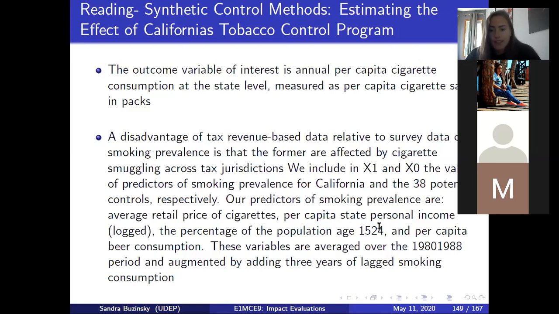Per capita state personal income. I wonder what relationship do you guys think those would have? The relationship between income and cigarette consumption. Do you think it would be positive or negative?